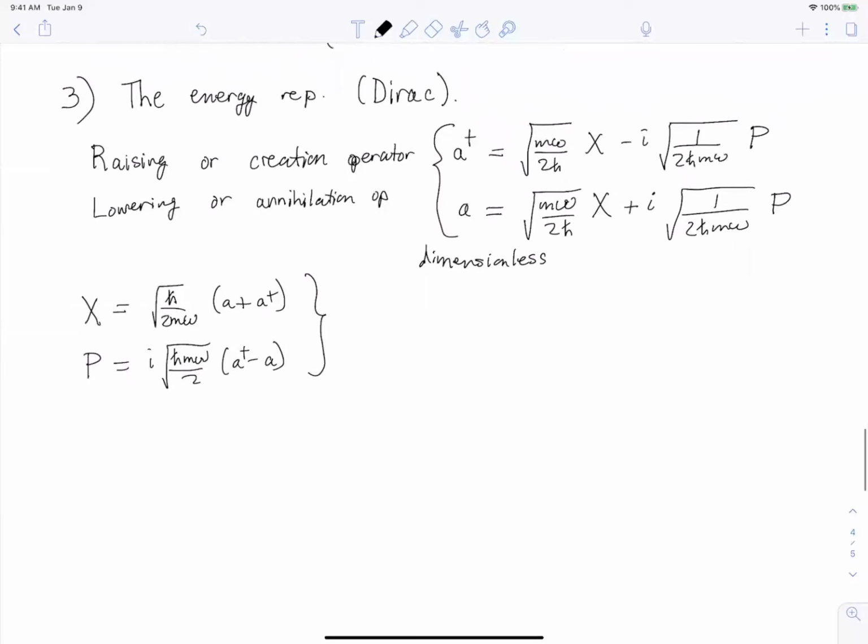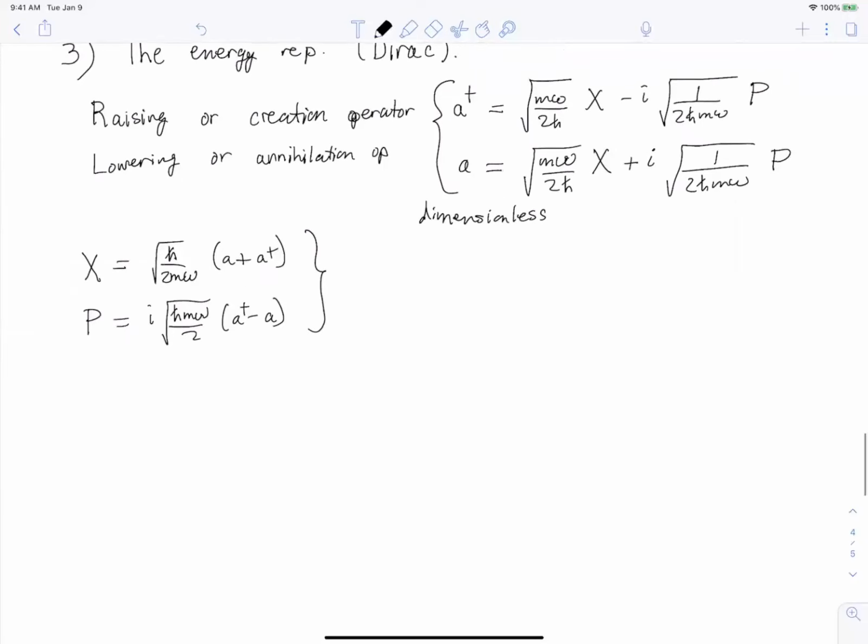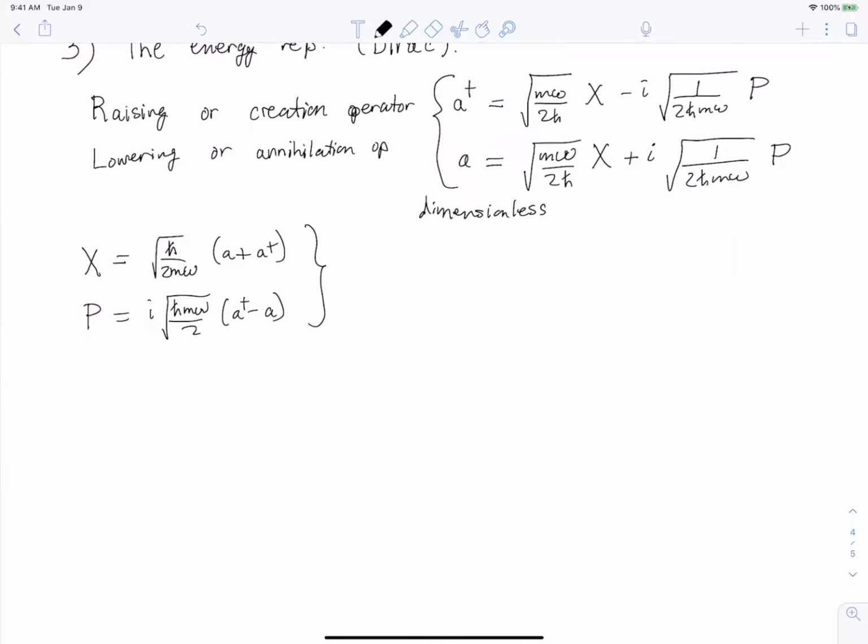And now if you want, you can take the A dagger and A expressions, and a thing you often want to do with operators is figure out their commutation relations. And if you do that, you get that the commutator of A with A dagger is equal to 1. This is a very important equation.